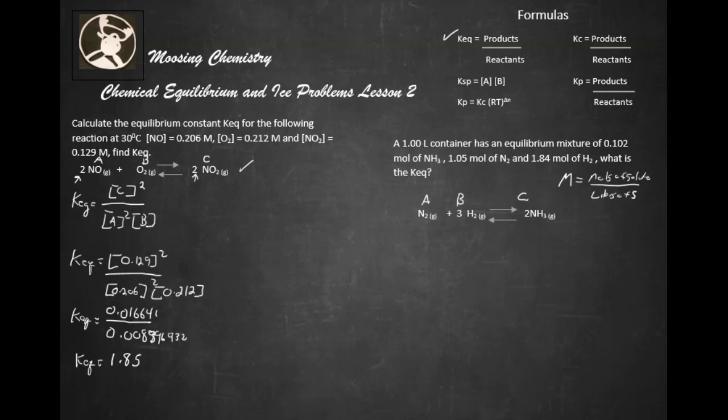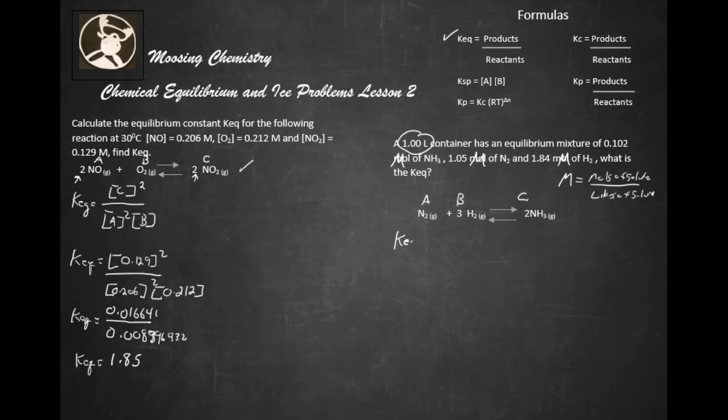Well, the good thing is this: it's a 1 liter solution. So any number divided by 1 is that number itself. So they're all going to be molarity. Where we have the moles here, we can just put a big N, because that's exactly what it's going to be after you divide it by 1. Alright, so now let's set Keq up.